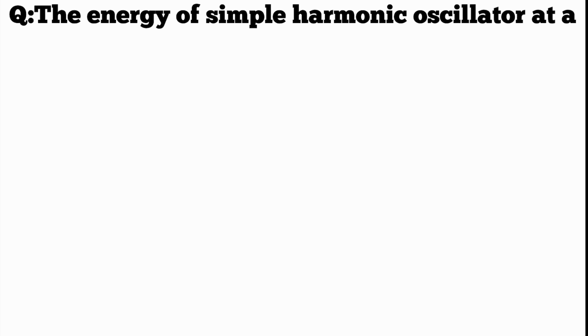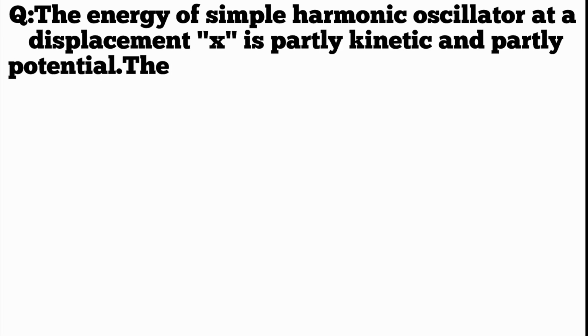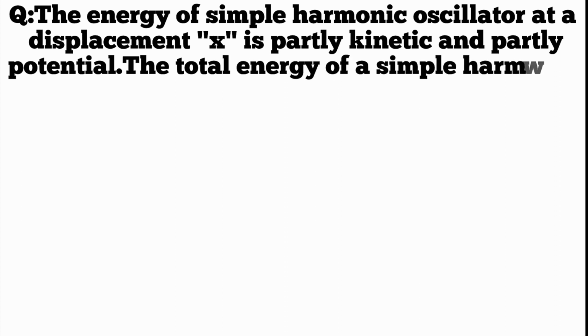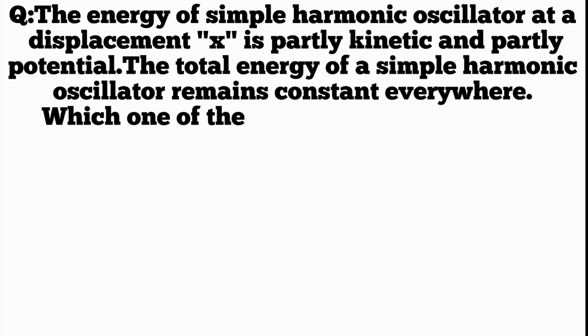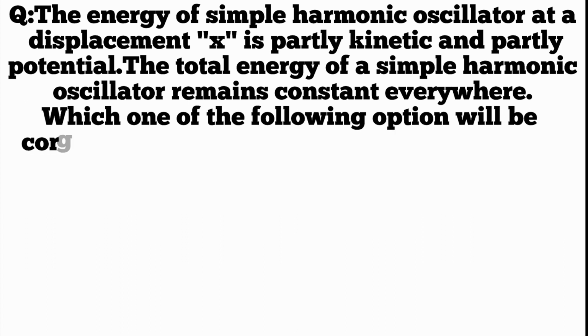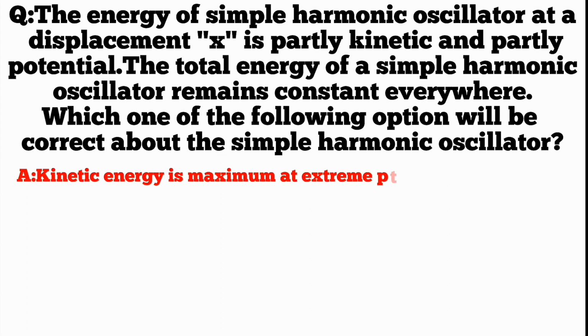Q. The energy of a simple harmonic oscillator at a displacement x is partly kinetic and partly potential. The total energy of a simple harmonic oscillator remains constant everywhere. Which one of the following options will be correct? A. Kinetic energy is maximum at extreme position.